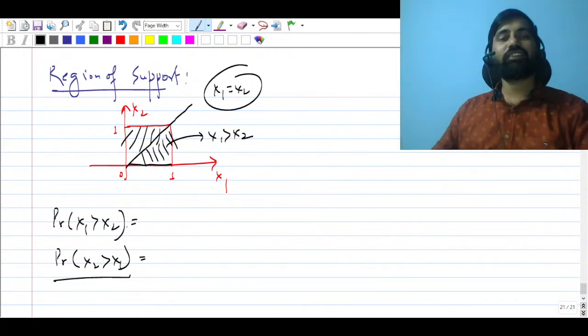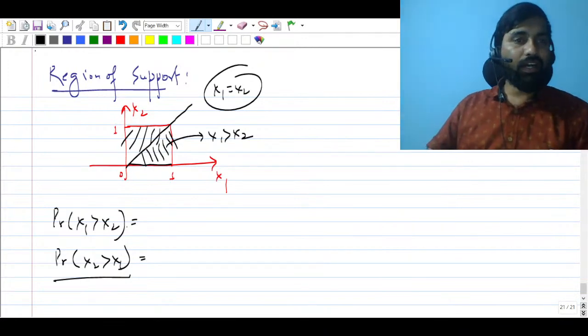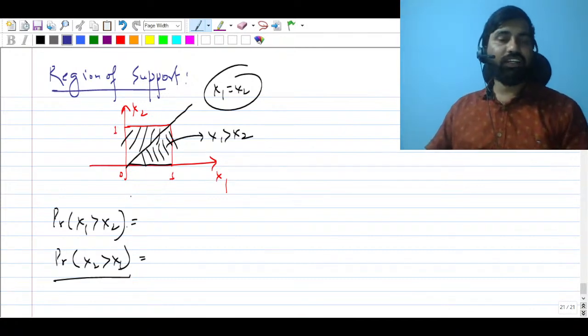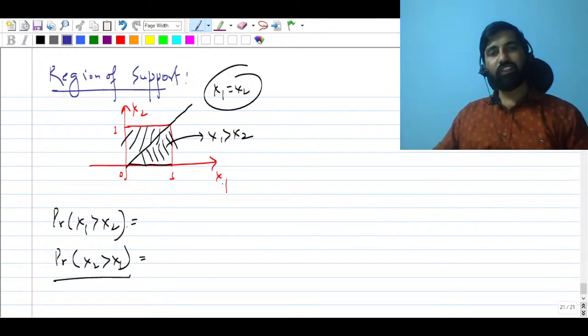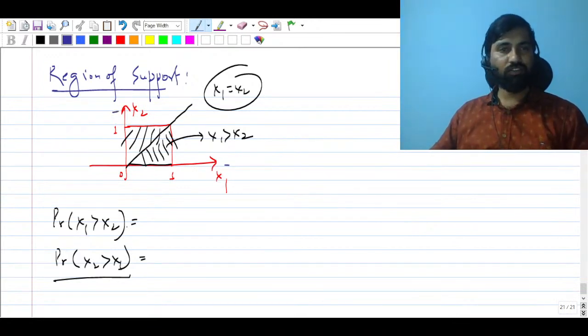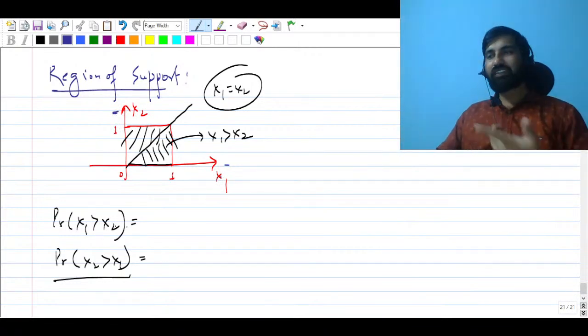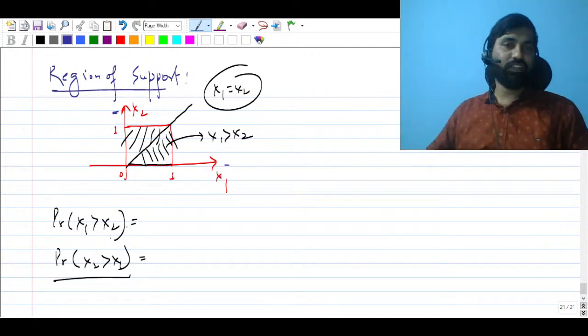As you can see, both the random variables are identical, and they have said they are identically distributed and independent. So whether you ask the probability of x1 greater than x2 or the probability of x2 greater than x1, the probability is going to be the same for both.